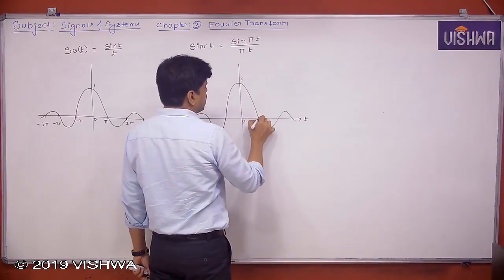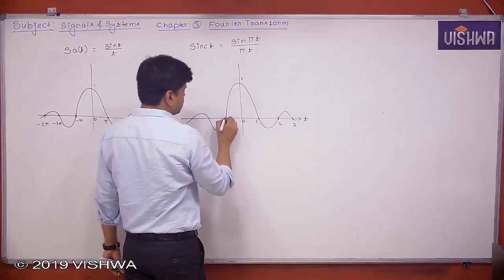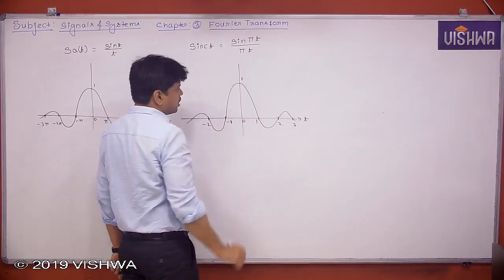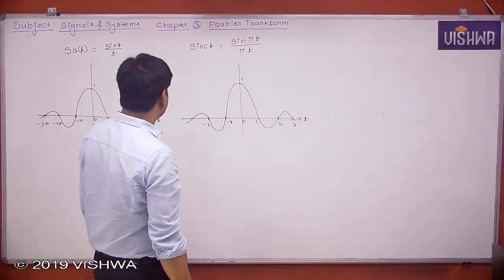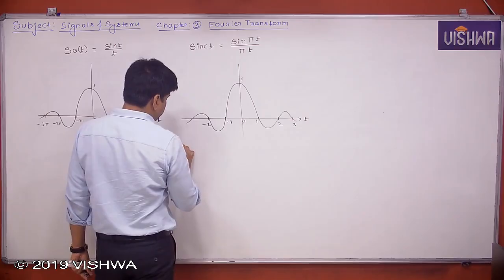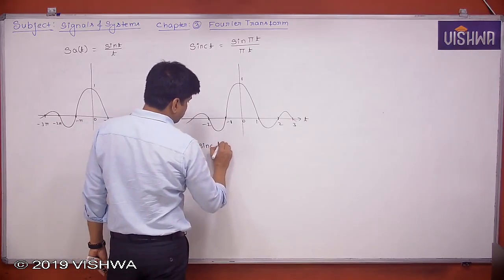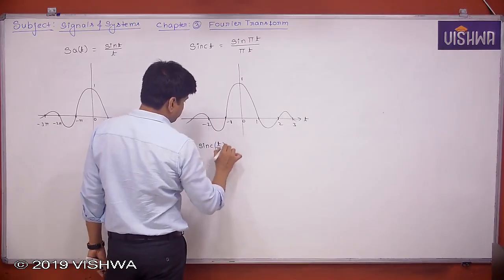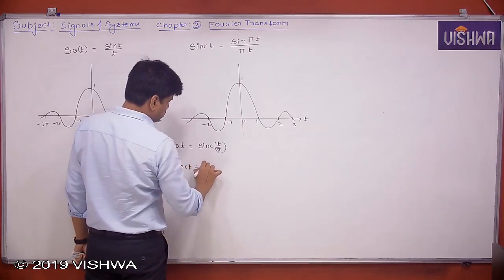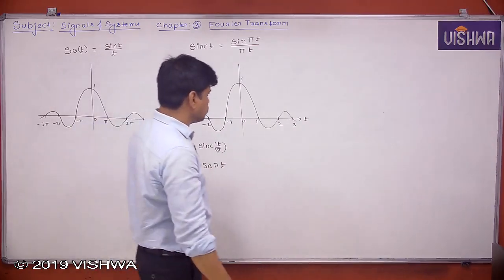If I take t equal to 1, 2, 3, like that, that means at integer values of time it is going to be 0. And we have a relation between the sampling and sinc functions. Sampling t is sinc t by pi. At the same time, sinc t is equal to sampling pi t. So these are the things we know.